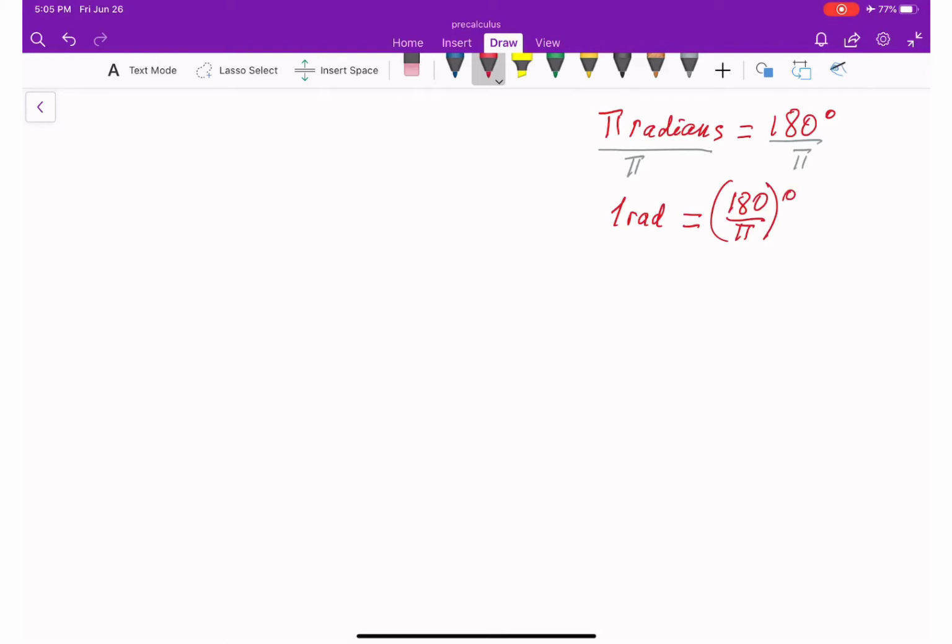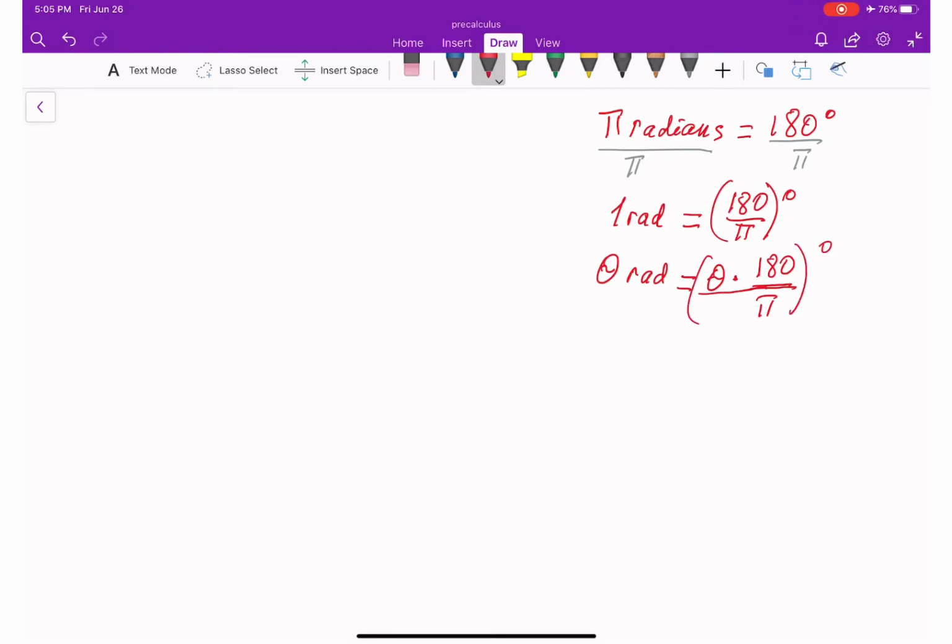Okay, and if I need to calculate for more radians, let's say for example theta radians, that's going to be theta times 180 over pi degrees.